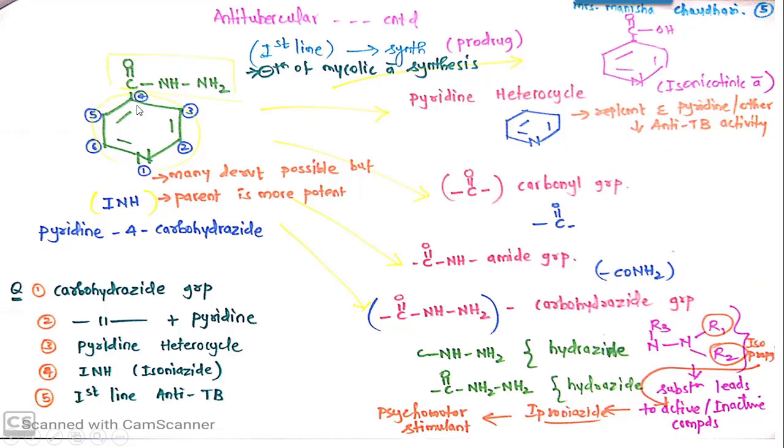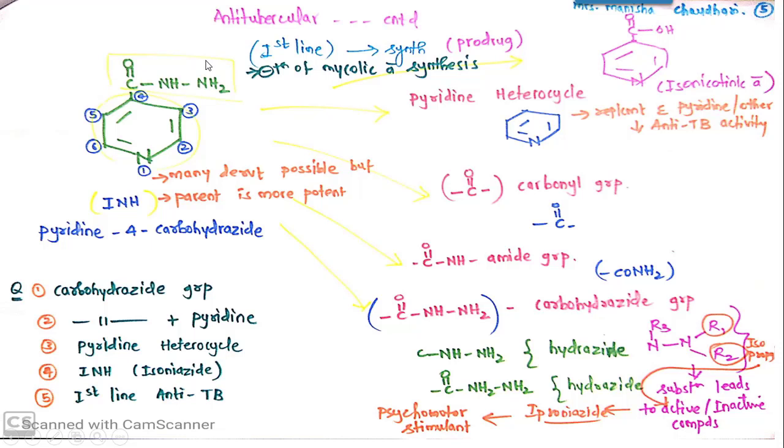This is the 4th position, where the carbohydrazide group is present on the pyridine ring, so it is pyridine 4 carbohydrazide. Now on this first nitrogen many derivatives are possible, but this parent compound is more potent compared to the derivatives. This is because of the carbohydrazide group present in the structure.